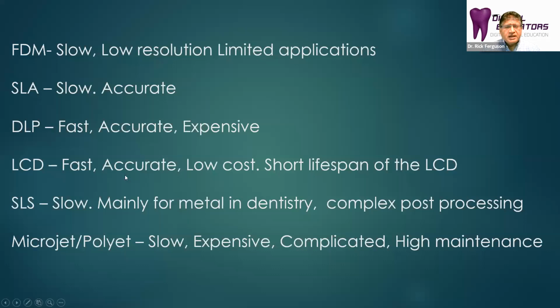LCD is fast, accurate, low cost because LCD screens are cheap to produce compared to the DLP projectors, but the lifespan of the LCD is short and they tend to wear out and need to be replaced. SLS: mainly used for metal, with complex post-processing involved as well because of having to remove the metal support structures. Microjet: slow, expensive, complicated, and there's a high maintenance factor with that as well.